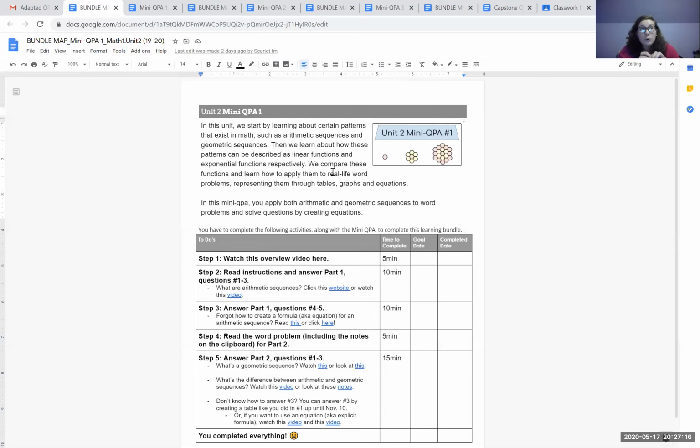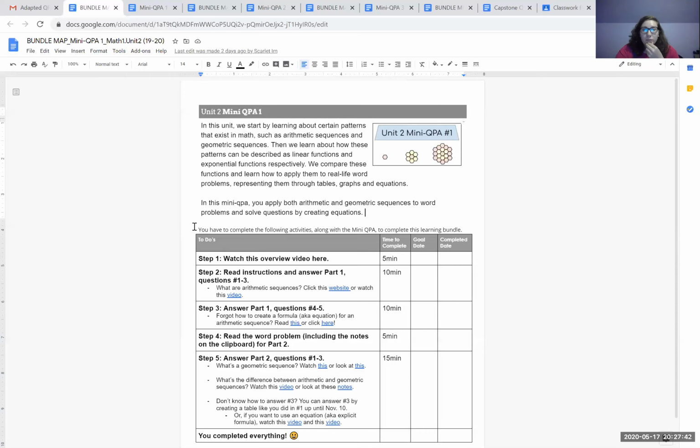And I remember before we even left for the shutdown, you guys were like, Miss, didn't we do a mini QPA and QPA about pandemics? And I was like, yeah, we did. So this revision is going to help you enormously as you see different reports that are coming out online, on the news, and it's just going to help you.